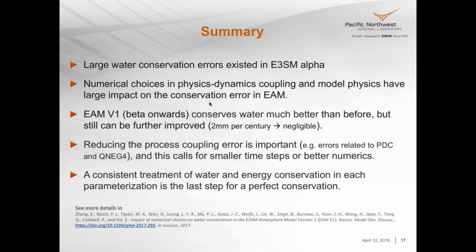So the atmosphere V1 model conserves water much better than before, but it can still be further improved from 2 millimeters per century to negligible water conservation error.